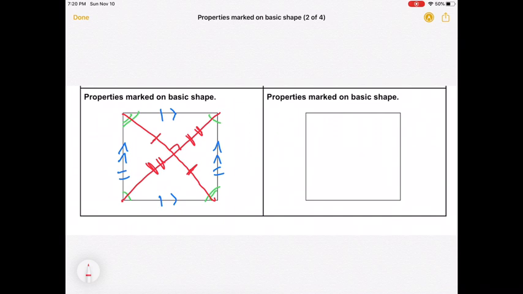Okay, so there'd be your rhombus. And now to the square.